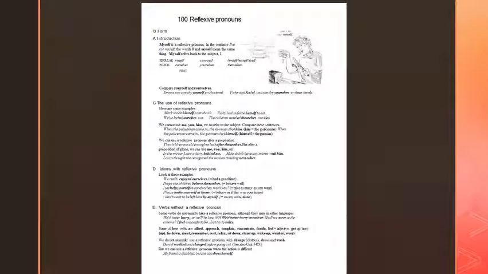So, reflexive pronouns. Introduction. Myself is a reflexive pronoun. In the sentence, I've cut myself, the words I and myself mean the same thing. Myself refers back to the subject I. So reflexive pronouns basically are the reiteration of something happening to the subject.